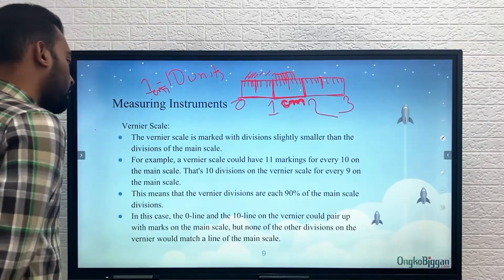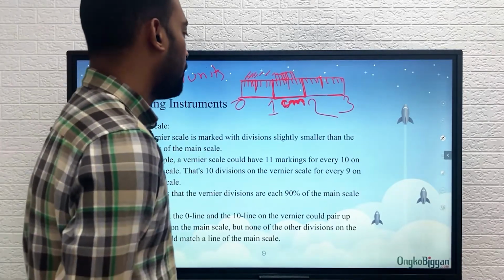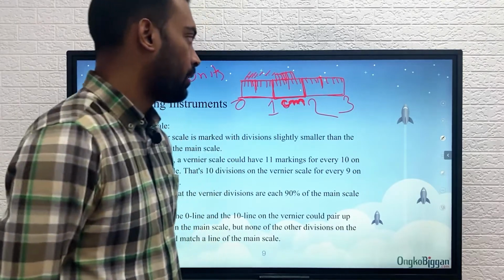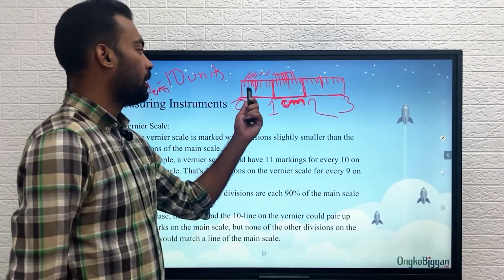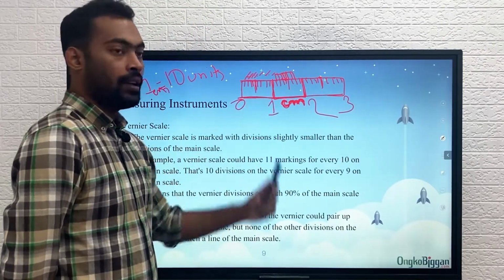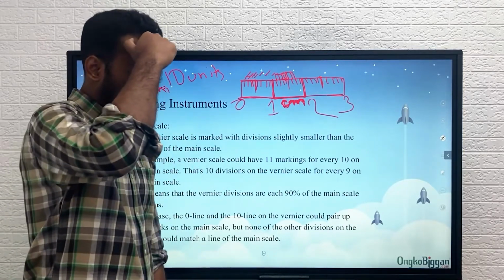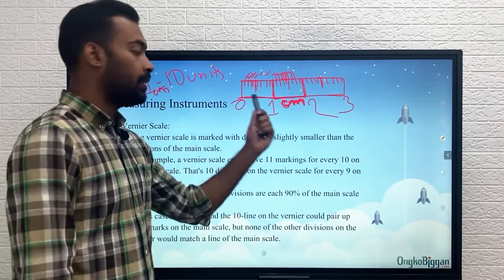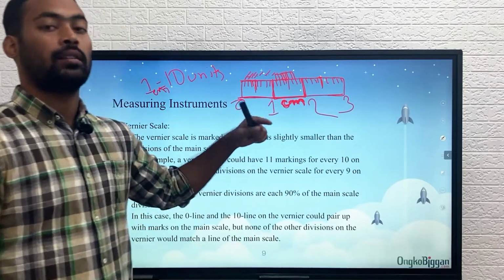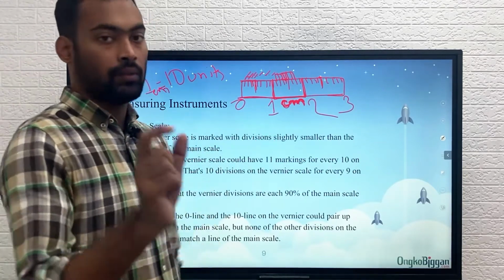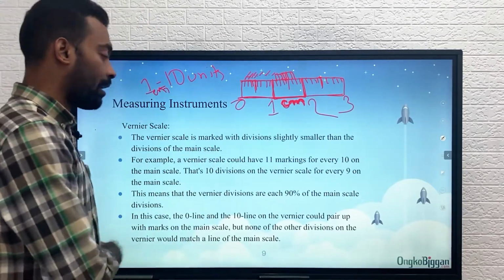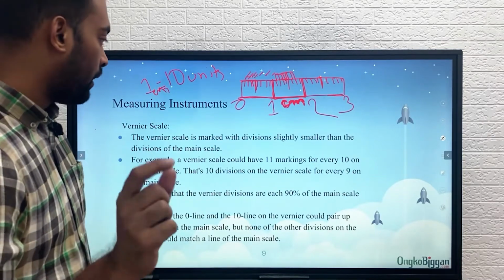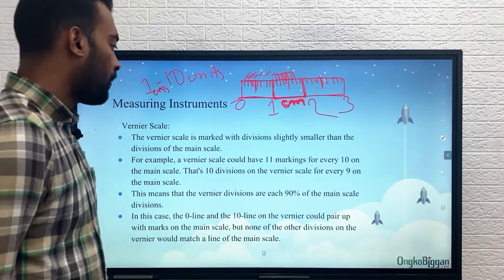The Vernier scale is marked with divisions slightly smaller than the divisions of the main scale. So these are the divisions in the main scale, right? And the divisions in the Vernier scale are much smaller than this. So the Vernier scale is used for measuring very small sizes of instruments.